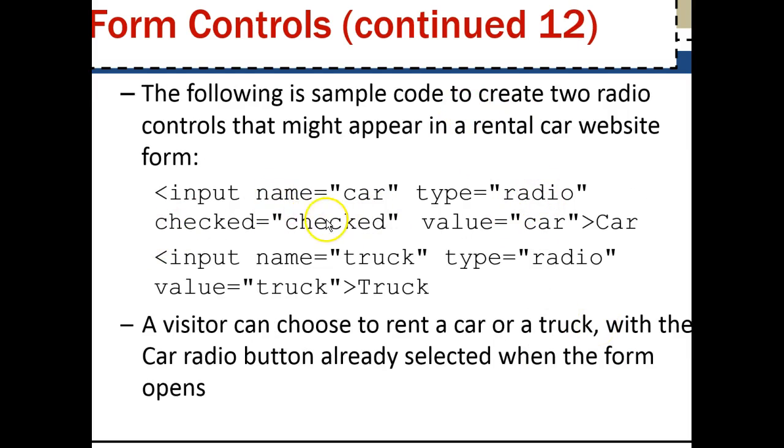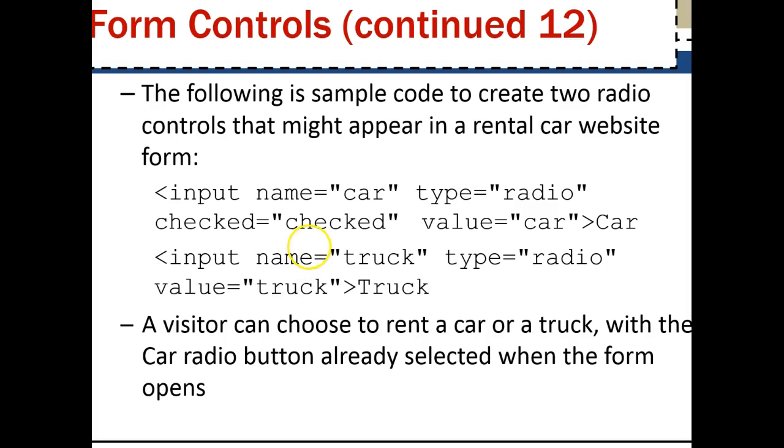So in this example here, you can see you are creating two radio controls. The car, which has the default as checked, and then you have another one, truck, and you have the value as truck in here. So a visitor can choose to rent a car or a truck.